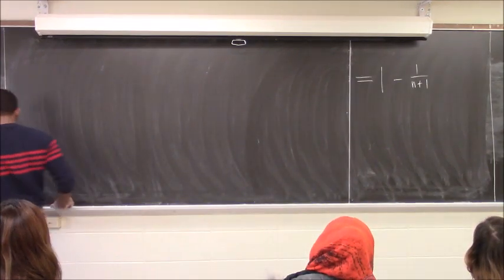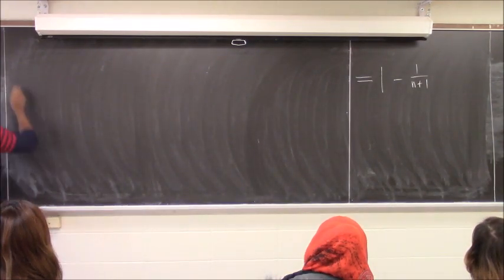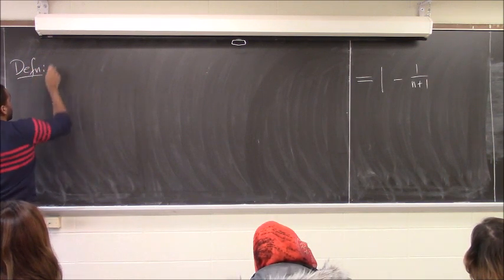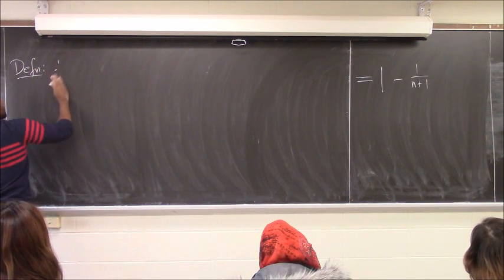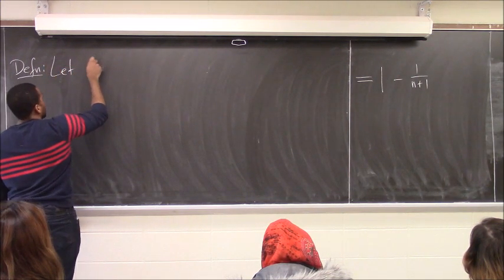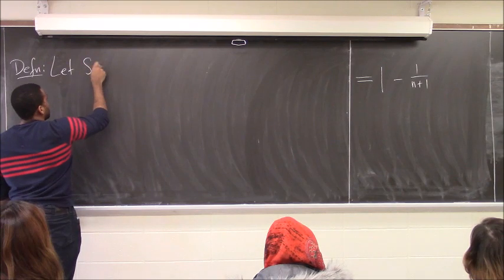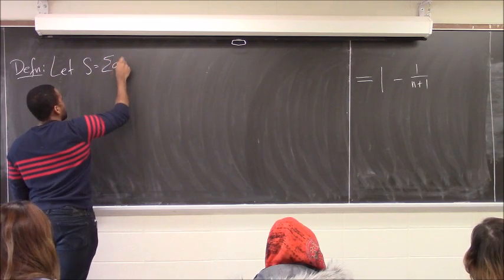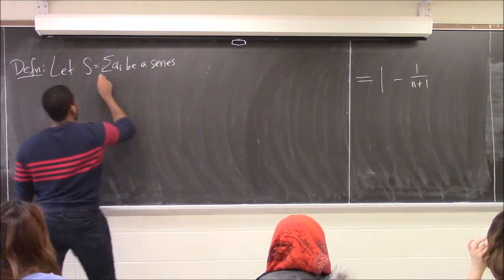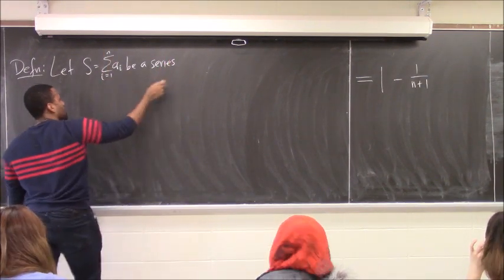I will need to define what we call a partial sum. So let S equal this be a series, where i goes from 1 to n.